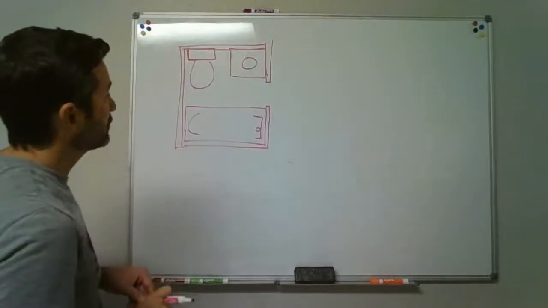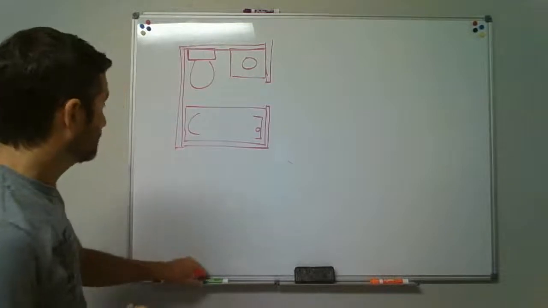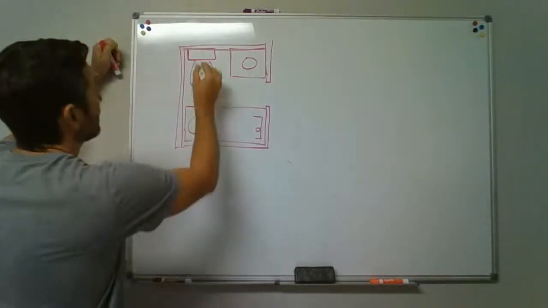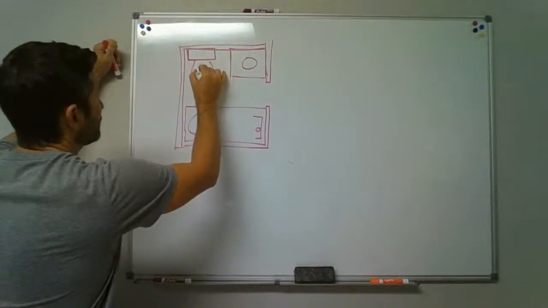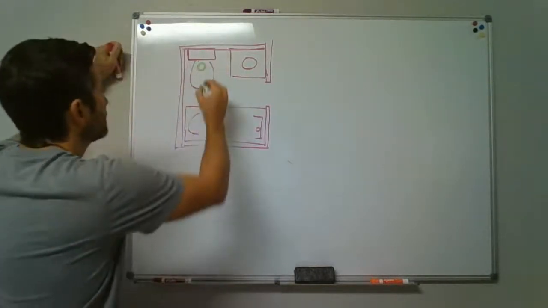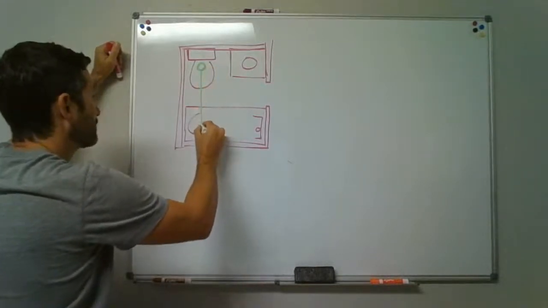All right. So if I was plumbing it, let's just say the main drain is going down in this direction here. So we hook up the toilet. Make sure that color's coming through good enough. Yeah, you should be able to see that. All right, so we're going to say the toilet drain is coming down this direction.